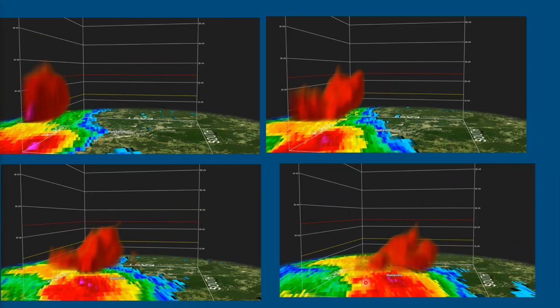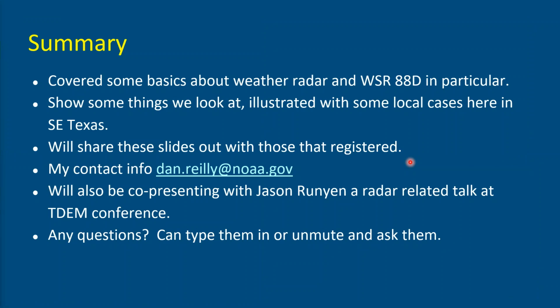You could even do a three-dimensional view of this, looking at the 50 dBz contour, high returns up to 30,000, up to 25, up to 20, and then down to 15. So you can visually see what's going on there, looking at the data, really digging into more of a three-dimensional view.